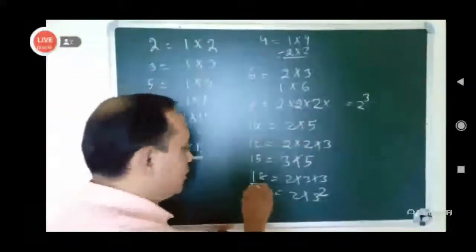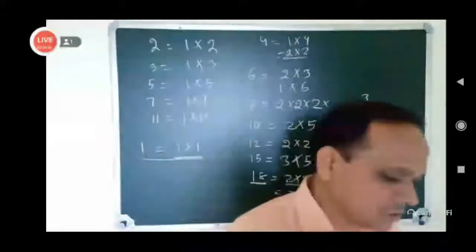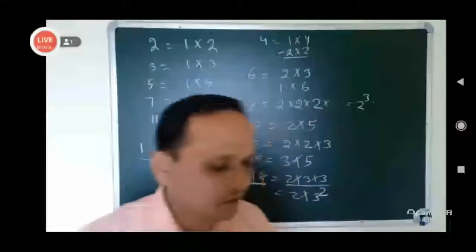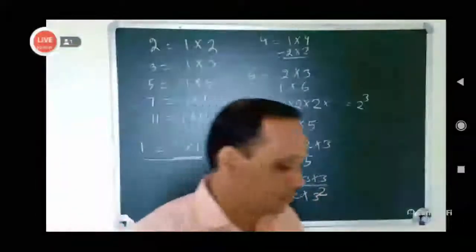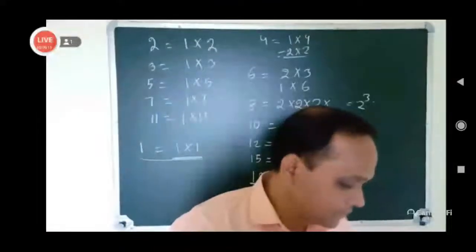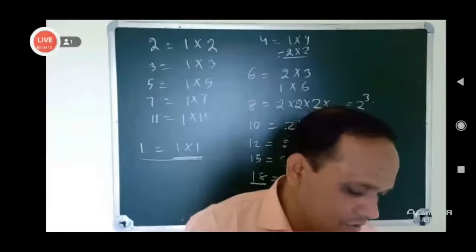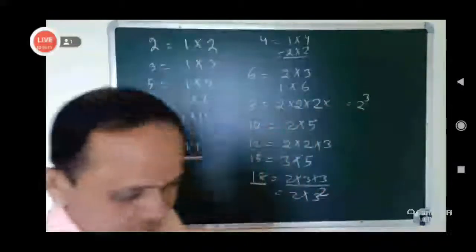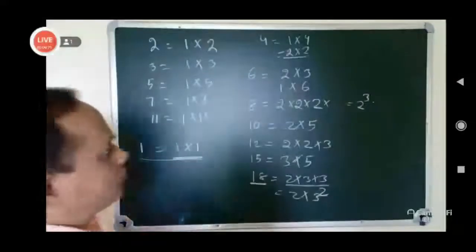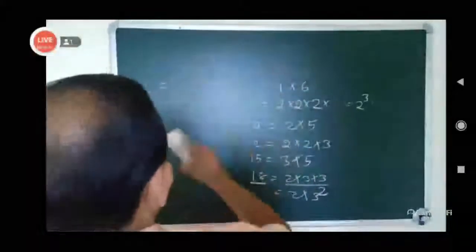That means 18 has a unique factorization. That is all about the fundamental theorem of arithmetic. The prime factorization of a natural number is unique except for the order of its factors, and with this we can find prime factorizations of other numbers.